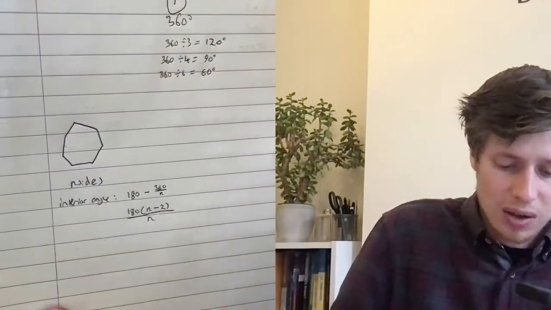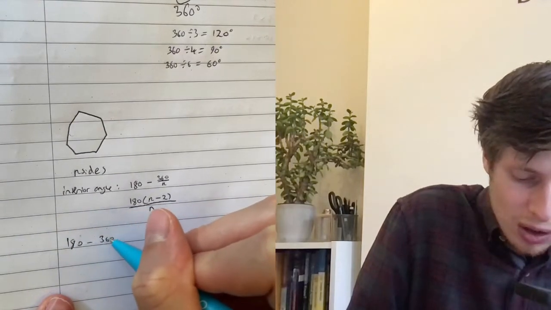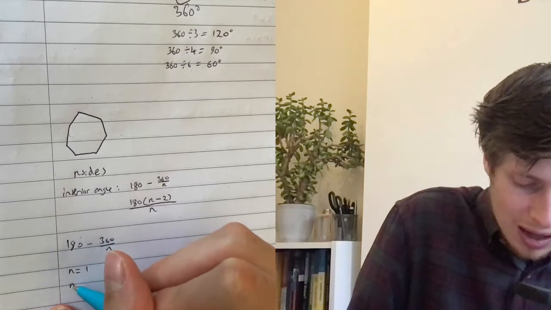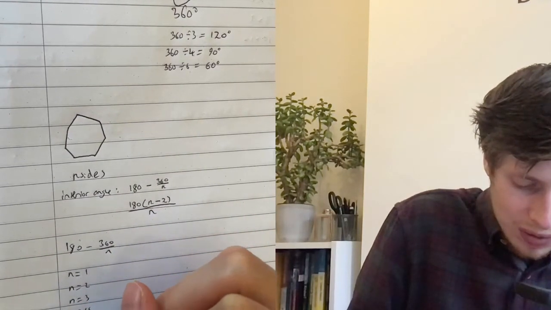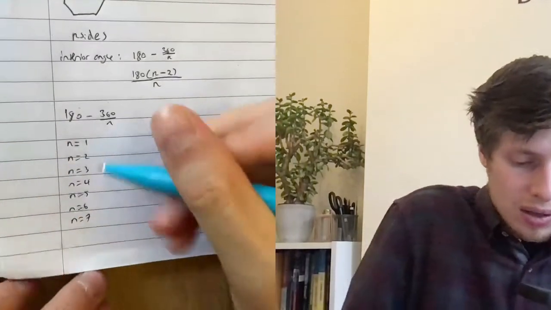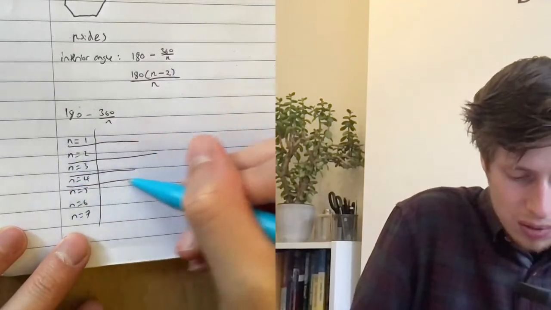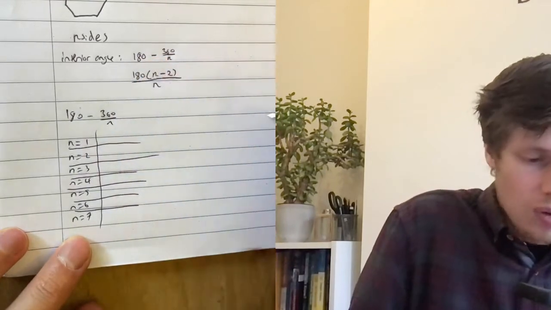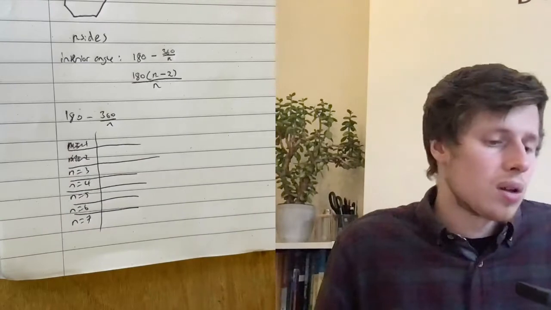And so let's look at this. If you look at 180 take away 360 over n, let's say we're looking at n equals 1, n equals 2, n equals 3, n equals 4, n equals 5, n equals 6, n equals 7, and we keep going. So let's look at the interior angle for each of these, okay? Obviously we can ignore n equals 1 and n equals 2, right?